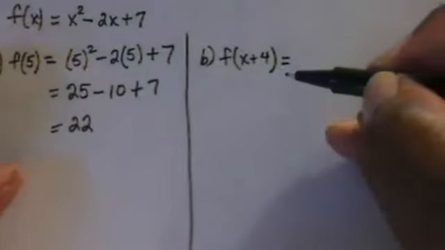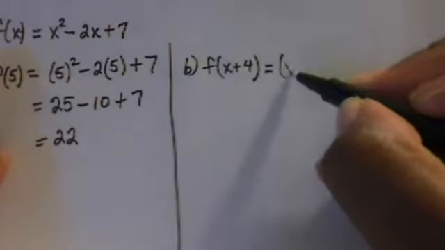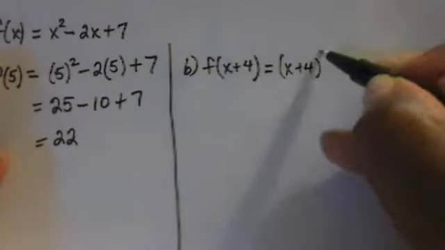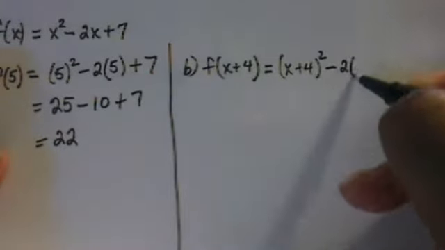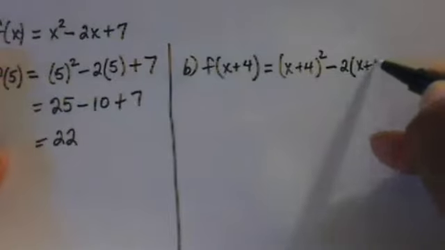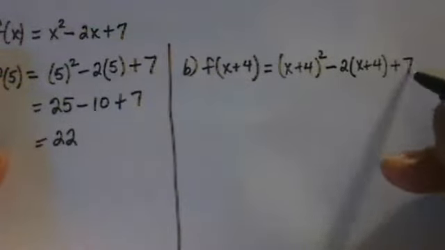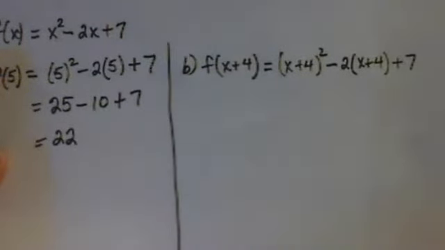So here, this is what we're going to have. x plus 4, quantity squared, minus 2 times x plus 4 plus 7. Here I'm replacing each x with x plus 4. And then I'm going to simplify this.